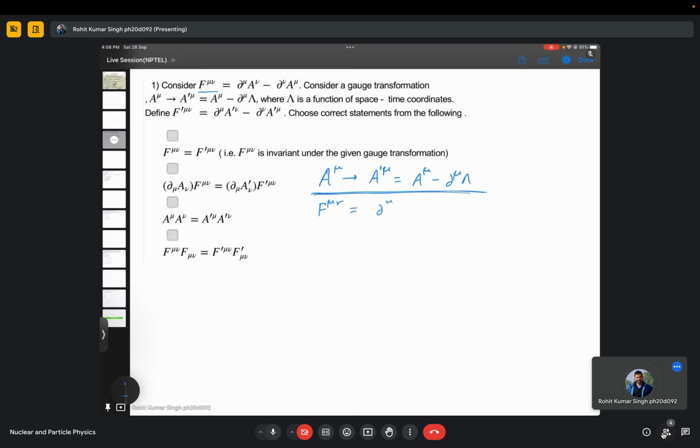Okay, so F mu nu you are familiar with. Now there are 4 options given, and we have to find out what happens to F mu nu when we change A mu like this. Okay, so any guesses? Can anyone guess which is the correct option?